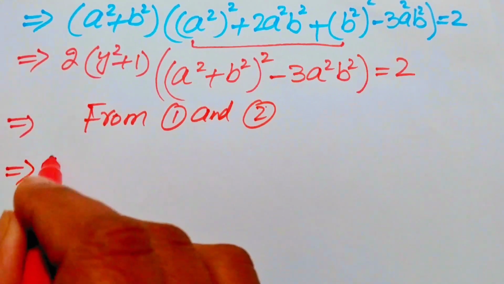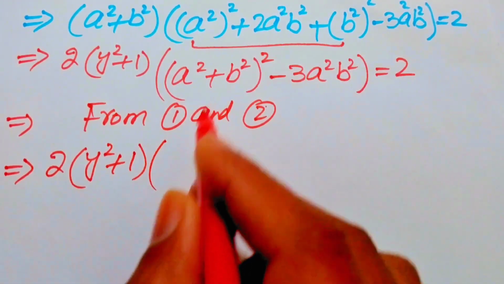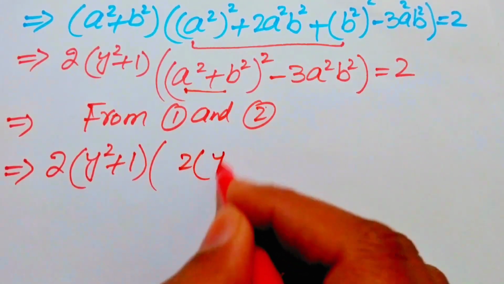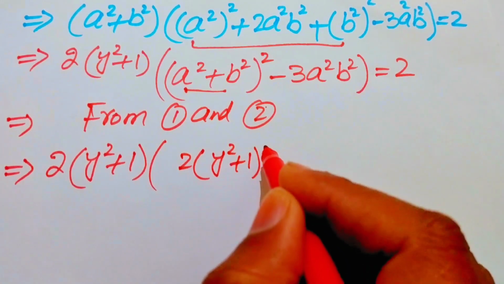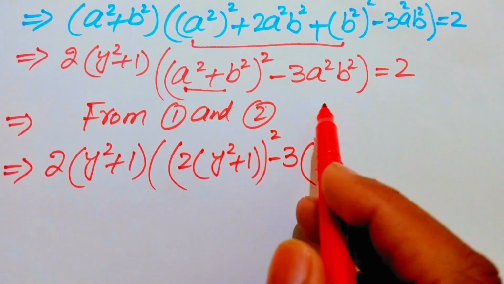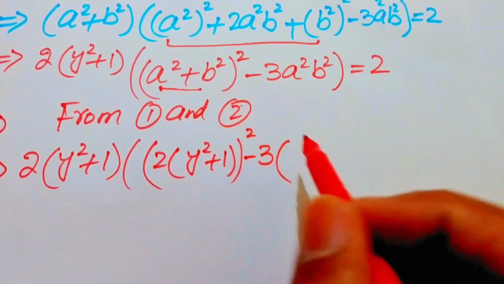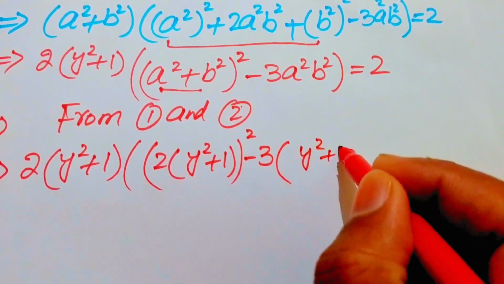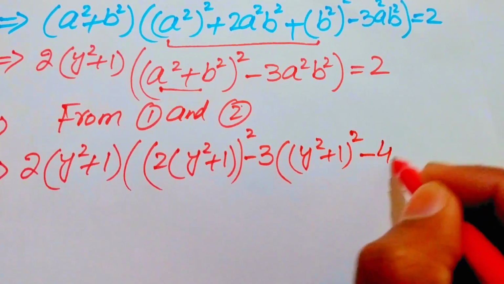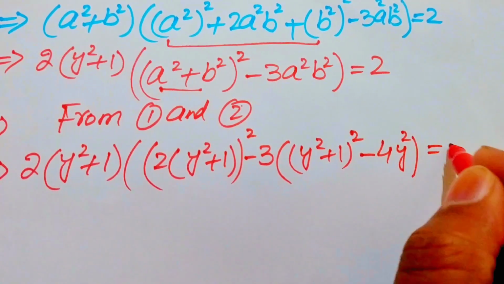So this implies that we have 2 times (y square plus 1) into, here we put the value of this expression, it is 2 times (y square plus 1) whole square, minus 3 times the value of a square and b square from equation number 2, which is (y square plus 1) whole square minus 4 times y square, and this whole equation equals 2.